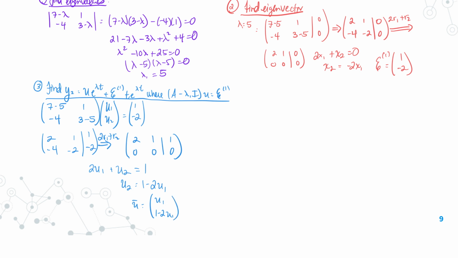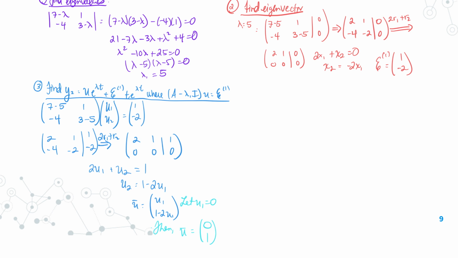And this is where we step in and do the same thing as last time. We're going to say let u1 equal 0. Then we have u being the vector 0, 1, because we let u1 be 0, and u2 depended on u1. So when we eliminated the u1 term, we're left with just 1.